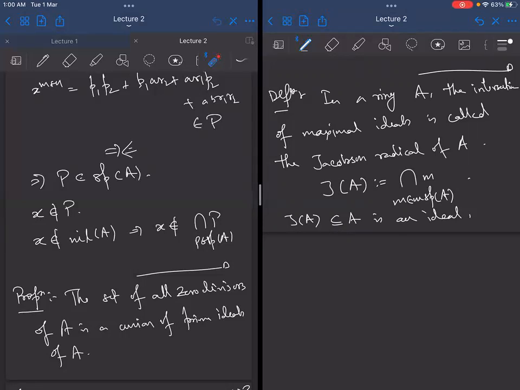As of now, this does not have any topological structure or anything like that, but we will come to that later on.